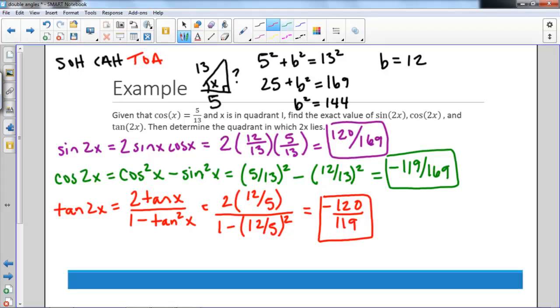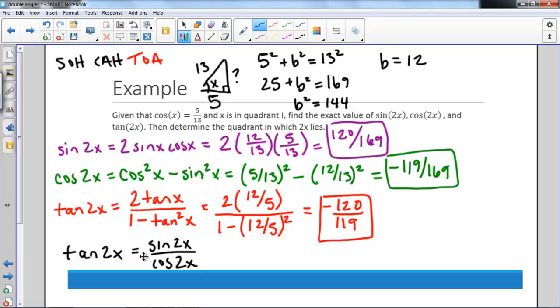However, I do want to mention that there is another way that we could have found tangent of 2x without using this formula. Tangent of 2x is also equal to the sine of 2x divided by the cosine of 2x. This is related to earlier when we said that tangent equals sine over cosine.